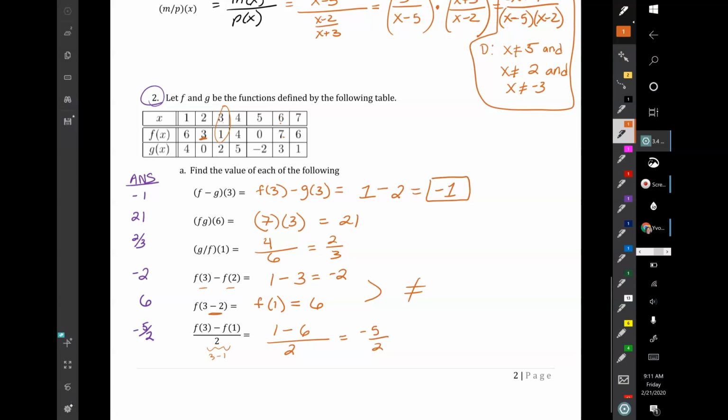I hope that gave you some really good review. And we are going to jump right into, we're not going to do composition of functions. Like I said, I might show you a teensy bit in class, but we also aren't going to do transformations as such in 3.5.